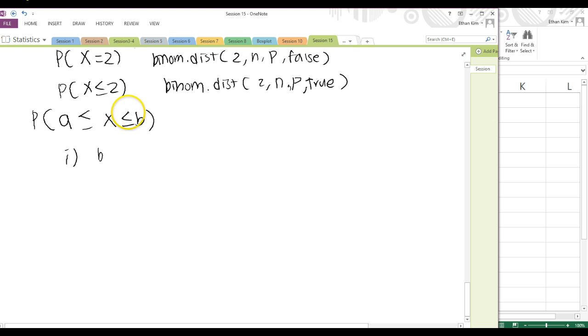First, you can use binom.dist.range. This is the easiest way to go. It takes n, p, and you put in the two values.